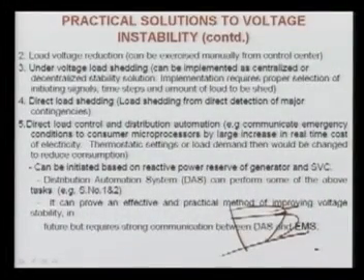So undervoltage load shedding can be implemented as a centralized or decentralized stability solution. Implementation requires proper selection of initiating signals, time steps, and the amount of load to be shed. So how much load you are going to shed, and how much time you require for shedding it, based on that you can again improve the voltage stability margin.